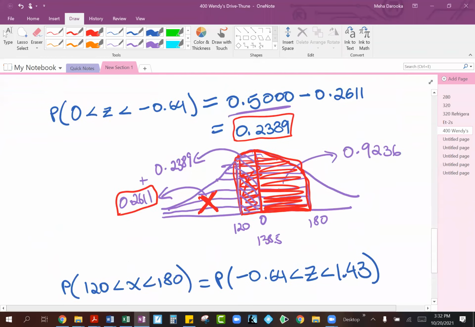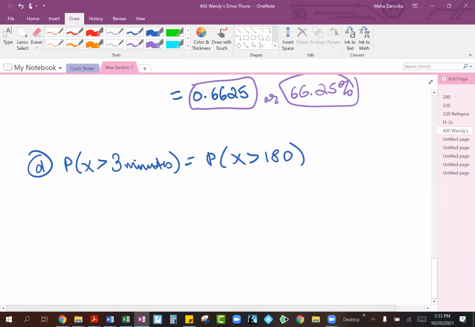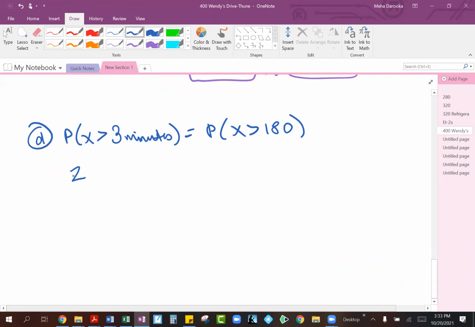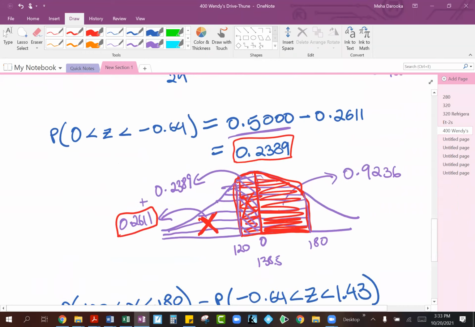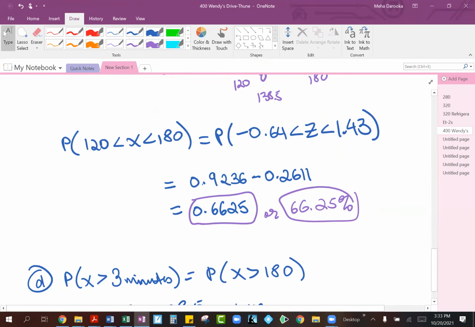Because we just did the 3 minutes as 180 seconds in part C. You already have the z-score for 180 because we already did that in part C, and we came up with approximately 1.43 as our z-score. So again, you don't have to calculate that. And you also have the value from the table of 0.9236.